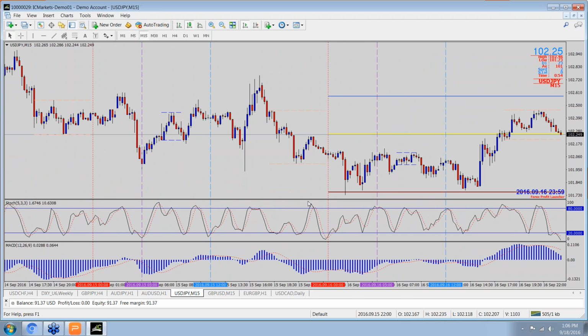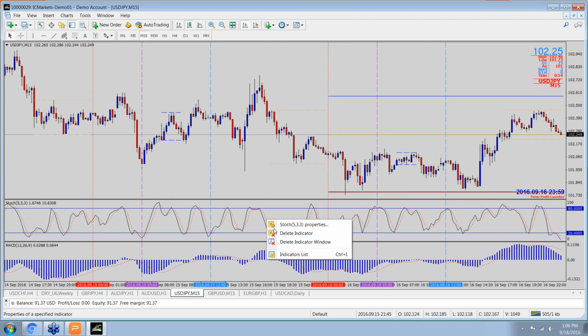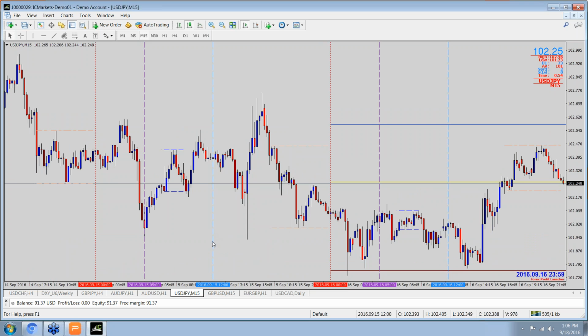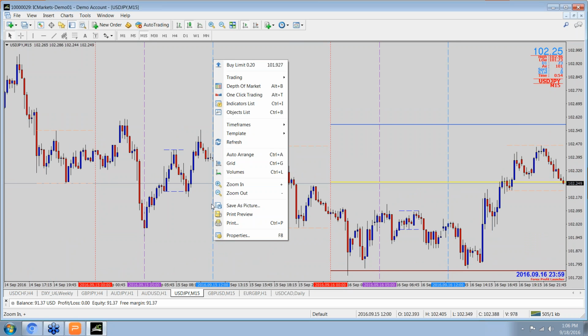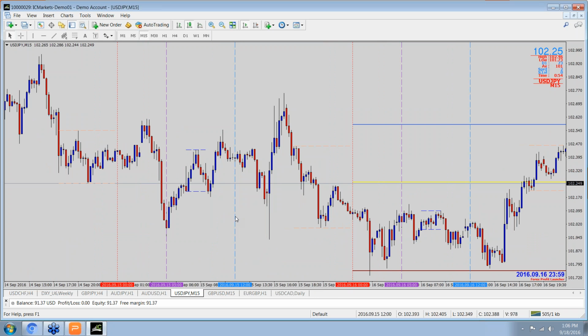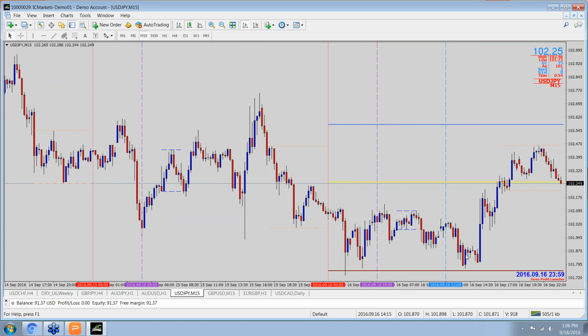All right, so let's get rid of our indicators first of all. I do use a different strategy for Asia, but I will show you that. I don't really like using this strategy for Asia.